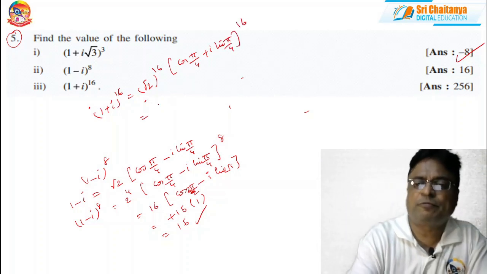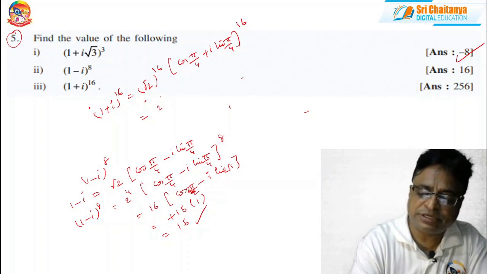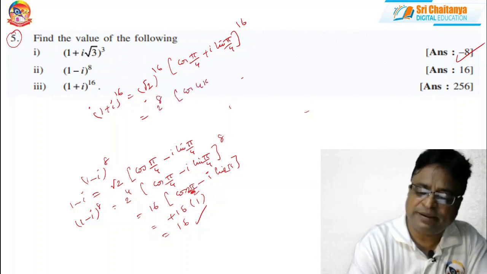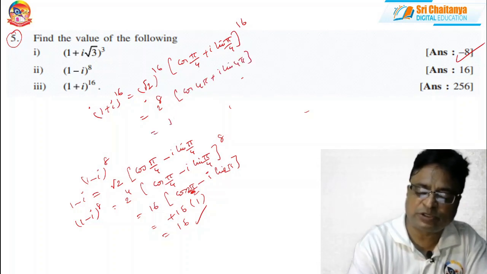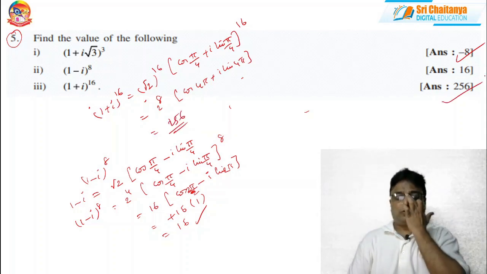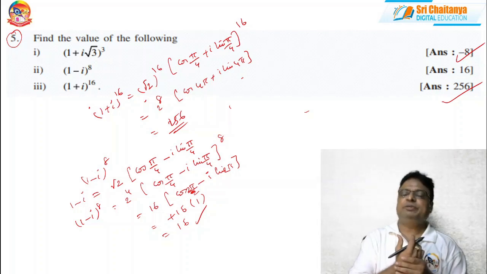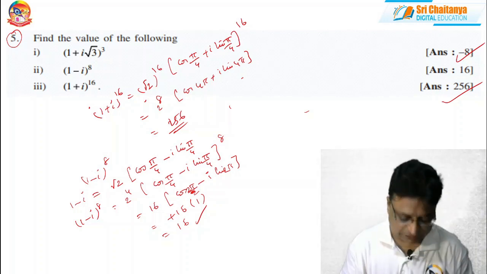(Root 2) whole power 8 means 2 power 8 into, this is cos 4 pi plus i sin 4 pi. Sin 4 pi is 0, cos 4 pi is 1, 2 power 8 is 256. I got this. So, this kind of questions we may expect in competitive examinations also.